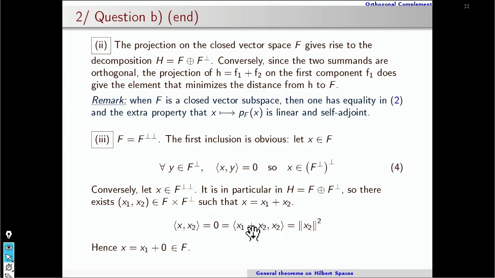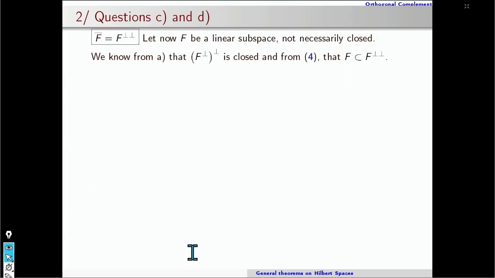If I expand x, x1 is orthogonal to x2, so we are left with the second component's norm squared. It means that x has vanishing second component, it only lies in F. So we have the inclusion of F orthogonal orthogonal in F.